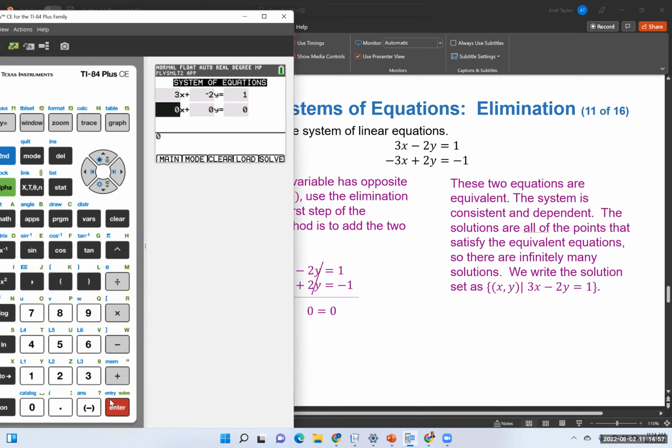If I'm going too fast, y'all better let me know. -3, +2, -1. And I'm going to click solve. Oh my gosh, this is weird. Weird stuff. What are we going to do?